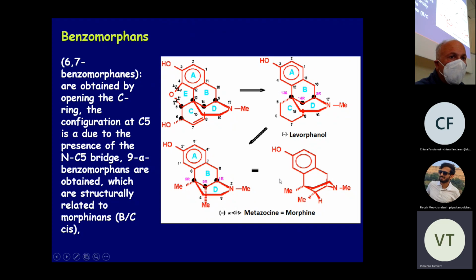If all the chemical structure is similar to that of morphine, so we have the OH group, phenolic group, aromatic, a methyl nitrogen atom, we have metazocine. Metazocine is a pure agonist. It derives directly from morphine, from morphinans. And metazocine represents the prototype of benzomorphans.